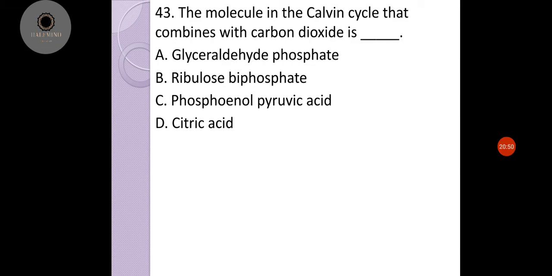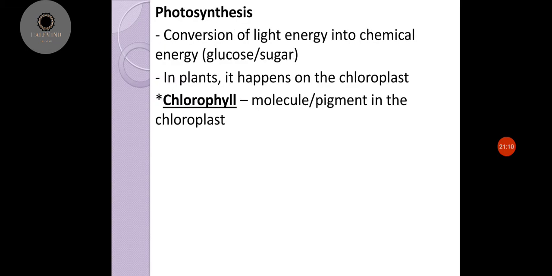The molecule in the Calvin cycle that combines with carbon dioxide is blank. Is it A, glyceraldehyde phosphate, B, ribulose biphosphate, C, phosphoenol pyruvic acid, or D, citric acid? Now, before we answer this question, let us talk first shortly about photosynthesis. Photosynthesis is the conversion of light energy into chemical energy in the form of glucose or sugar.